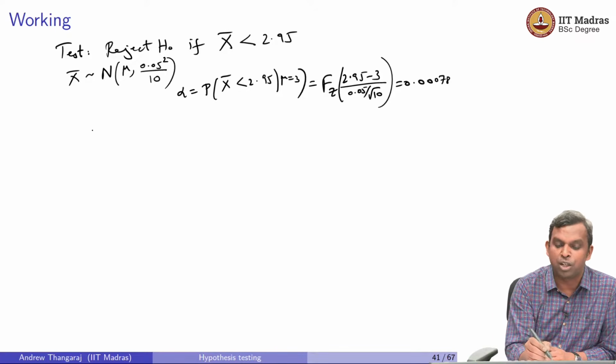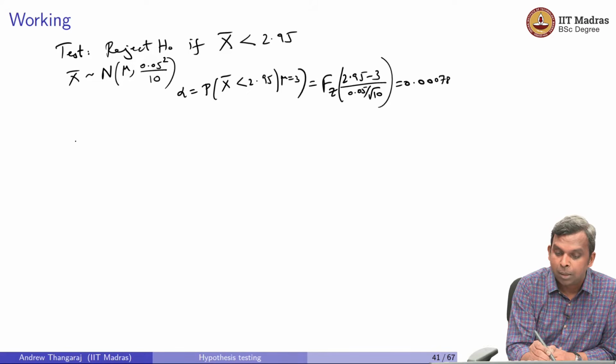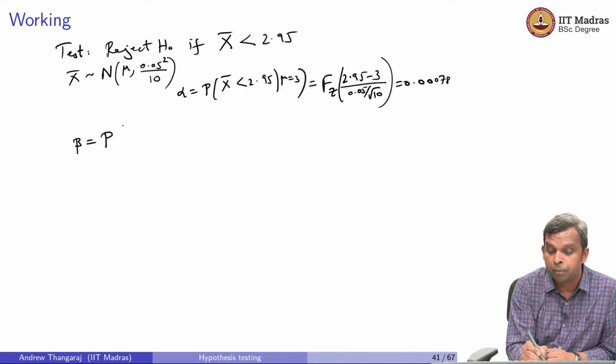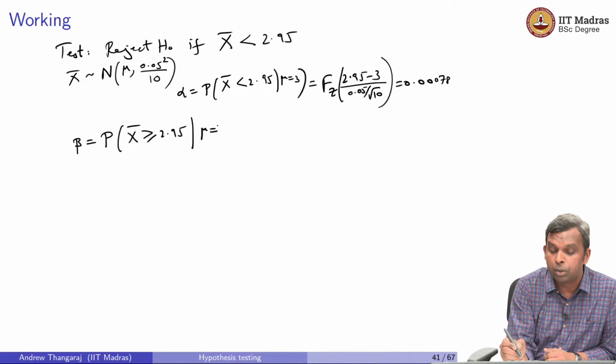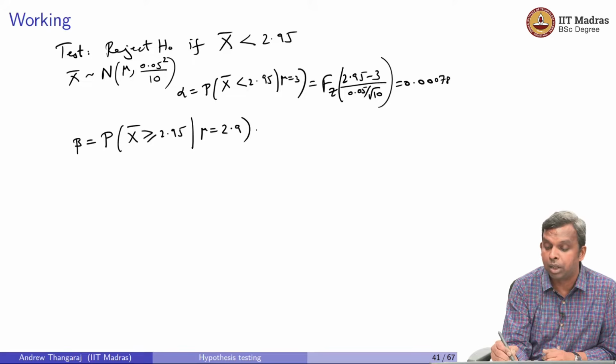Let's go to the calculation of the beta. Beta asks you for type 2 error, right? Type 2 error is the probability that x bar will be greater than or equal to 2.95 given mu equals 2.9.